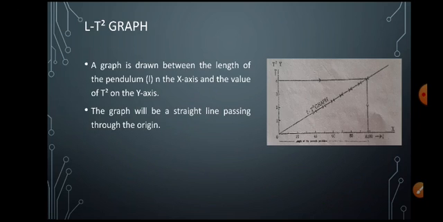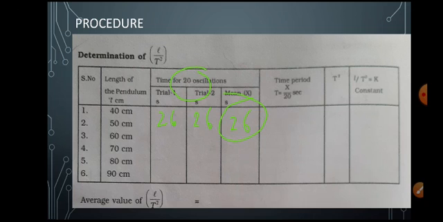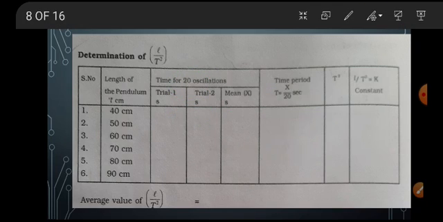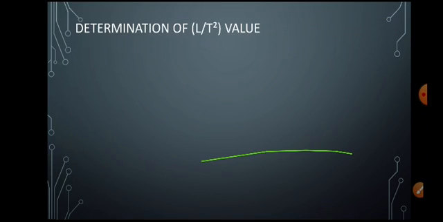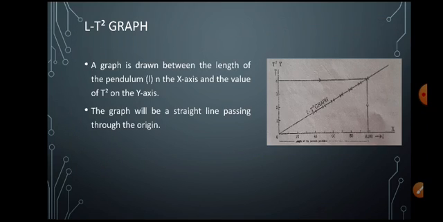Now by taking this L and T values, here we have L values, length, and T square values, and the L values and T values we have. So by using these values, you have to plot a graph.